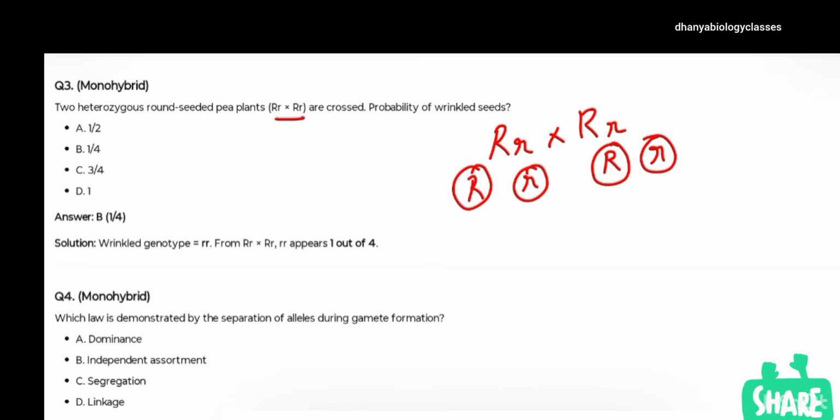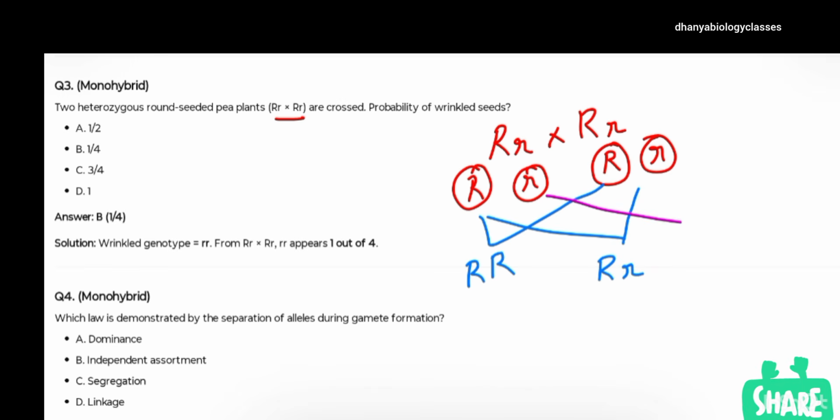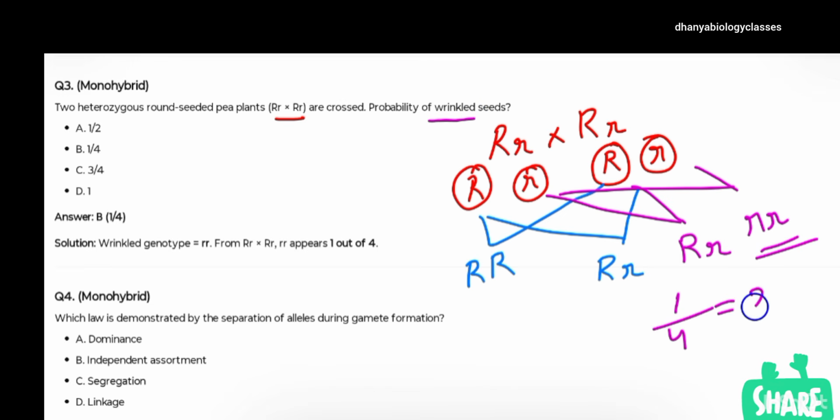So the ratio is capital R capital R, capital R small r, capital R small r, and small r small r. So the probability of wrinkled seed is 1/4, which is 25%.